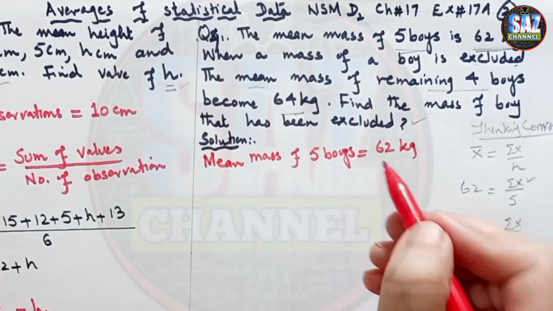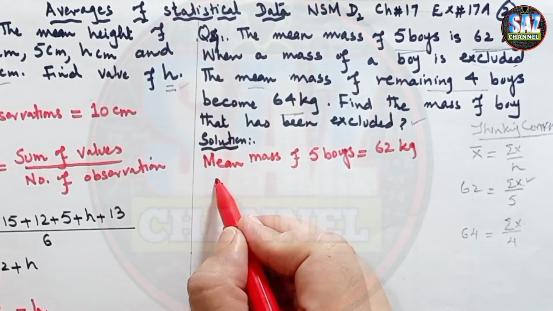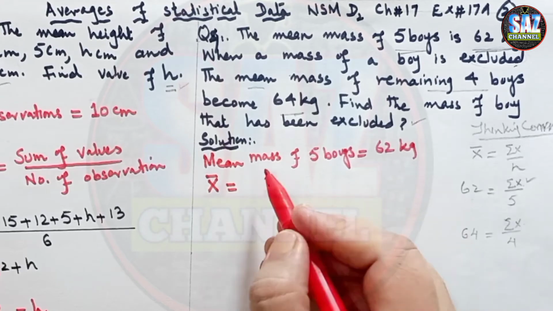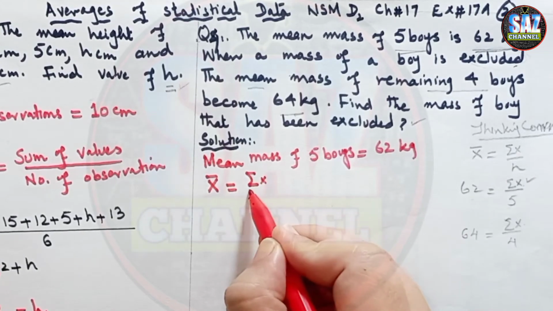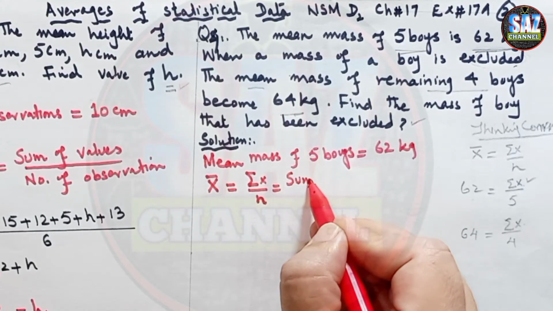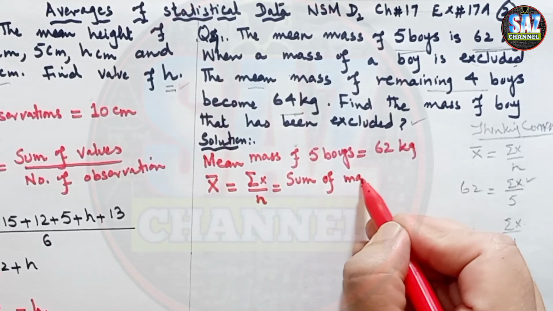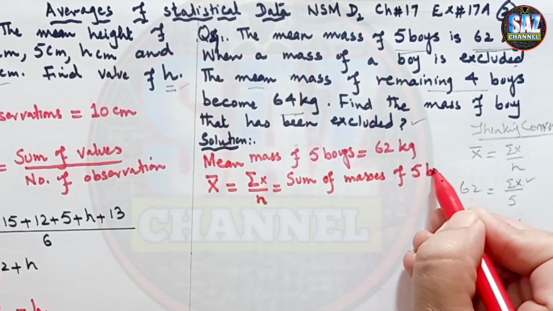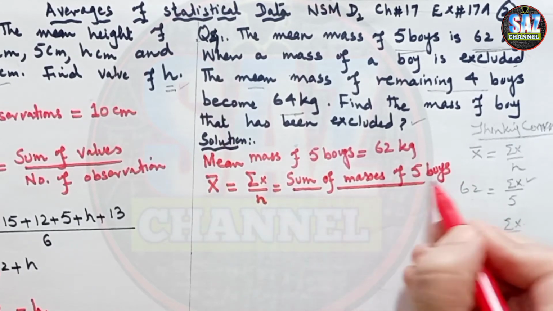So mean mass x bar equals the sum of masses of 5 boys, summation of x, upon the number of observations, which is the number of boys.